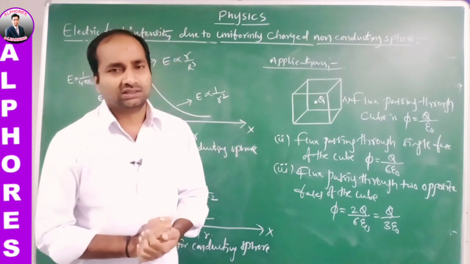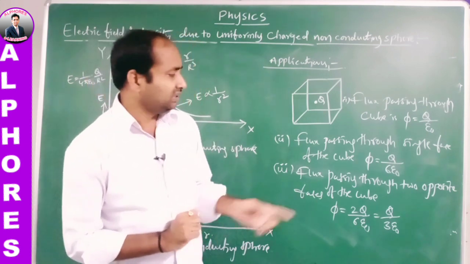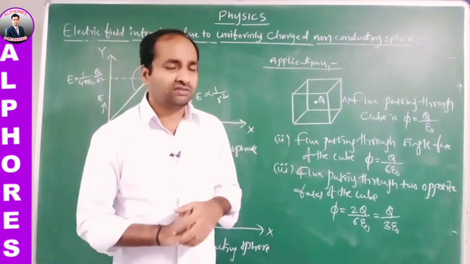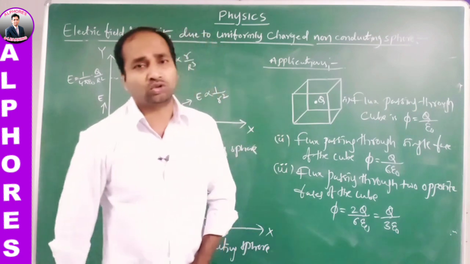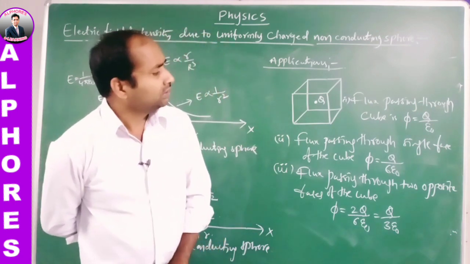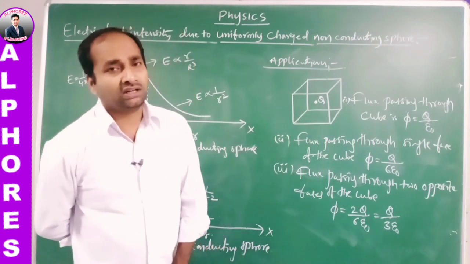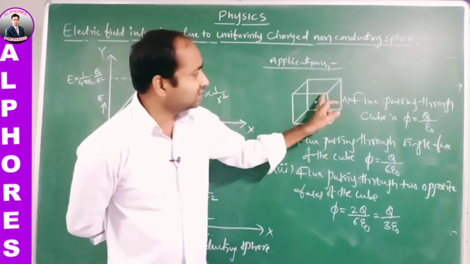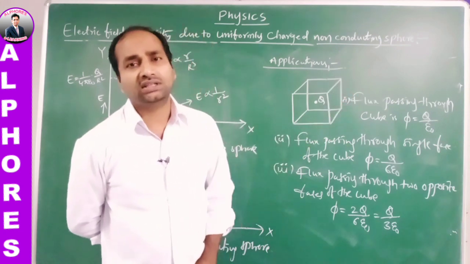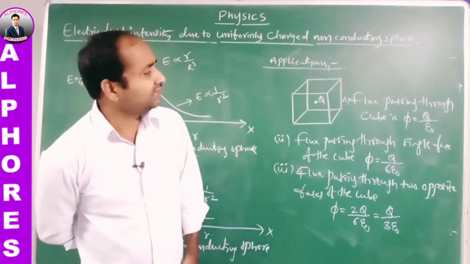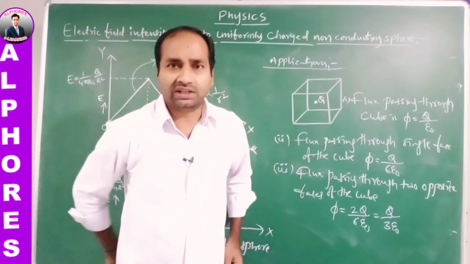In the second case we asked for the charge enclosed by the cube, and then the flux through a single face. But in the fourth case the charge is kept at the center of any one of the faces. Then what is the flux passing through it?